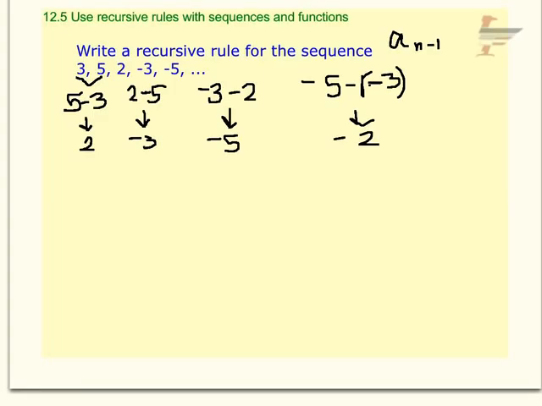So to get to the first term, and I'll highlight it here in a different color, to get to 2, I need to take its previous term minus its previous term.